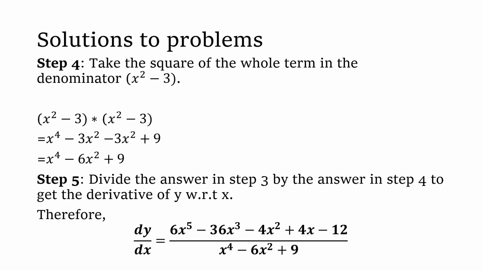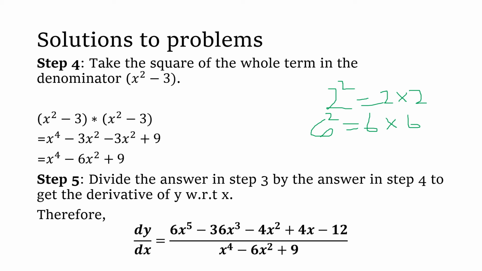Step 4. We are going to take the square of the whole term in the denominator. Whatever is in the denominator, we take the square of that. And when we say square, what do we mean? If we say 2 square, it means 2 times 2, right? So if we say 6 square, again, it means 6 multiplied by 6, right?